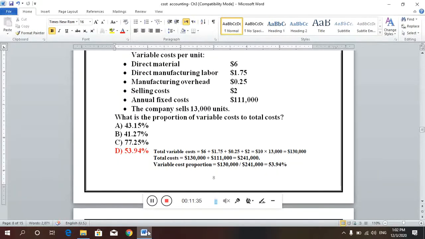It will be $241,000. So the proportion of the variable costs to the total costs will equal $130,000 divided by $241,000. It will equal 53.94%. This is the proportion of the variable costs to the total costs.